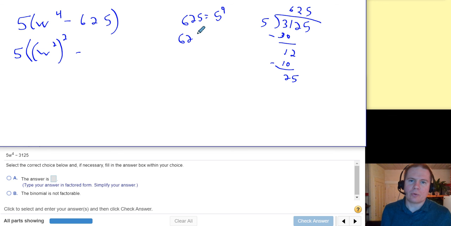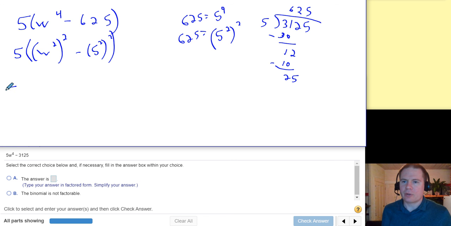So 625, by the exact same logic, is 5 squared squared. So I have a 5 common factor. Difference of squares. This thing in parentheses squared minus this thing in parentheses squared.